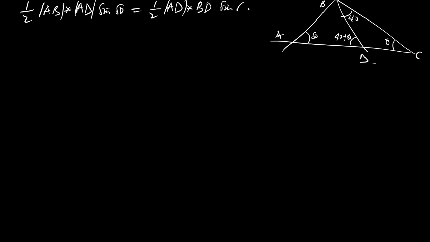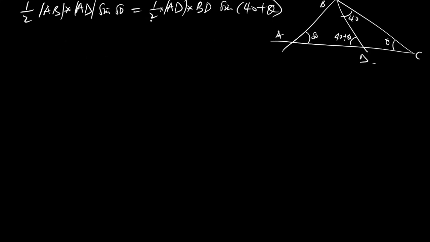So now you have half AB times AD sine 80 is equal to half AD times BD sine 40 plus theta.